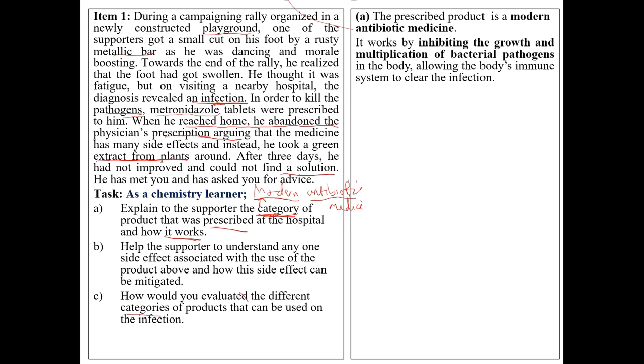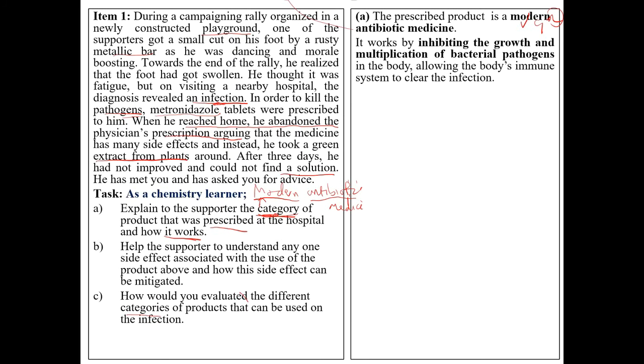So we can be able to see that for part A, someone could just say the prescribed product, please, these are common errors that learners make. For them, they just come and say, modern medicine. No. In the question, they said, category of product that was prescribed. So I come and say, the prescribed product is modern medicine, category 1, and I give you scores. How it works?